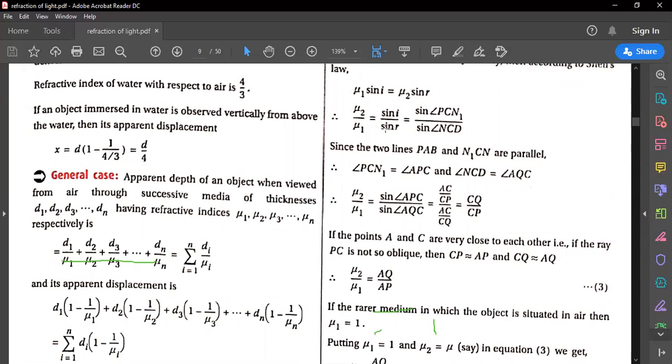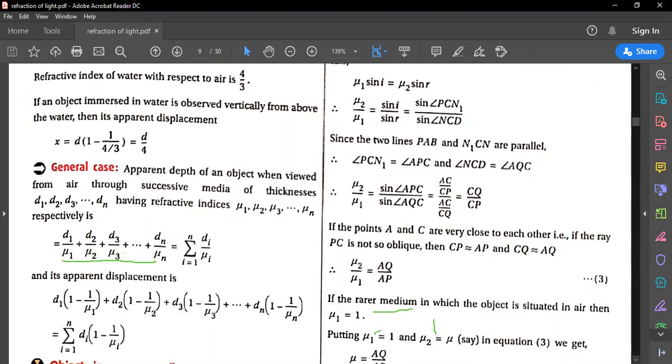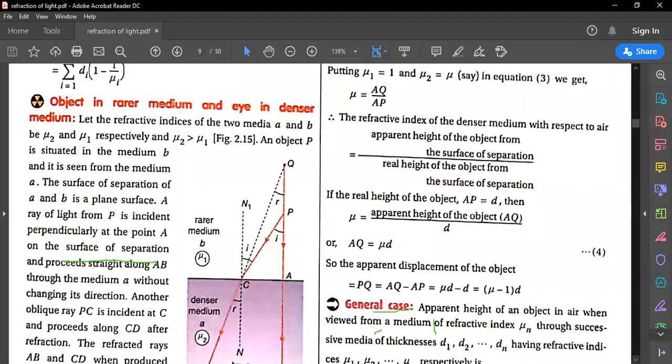Mu2 by mu1 is equal to sine I by sine R, right? And what is sine I by sine R from this diagram?